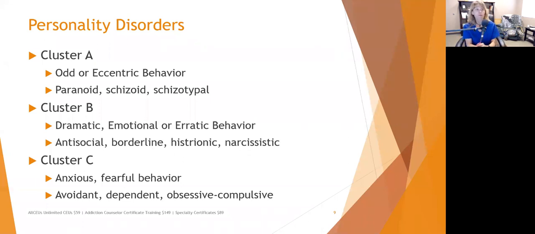So cluster A is your odd or eccentric behavior. You've got your paranoid, schizoid, and schizotypal personality disorders. Those are relatively rare. I think I've seen two clients in 20 years that had a cluster A personality disorder.